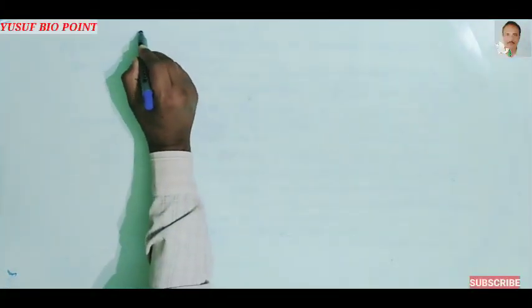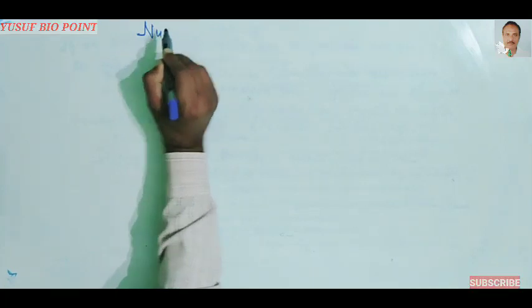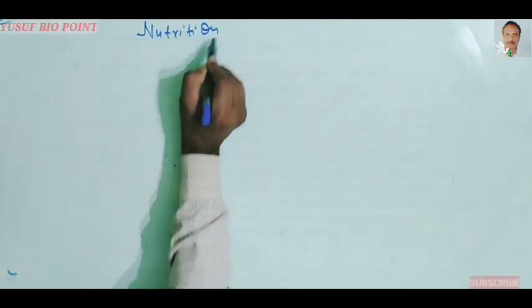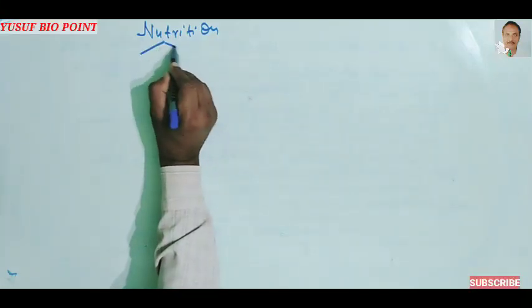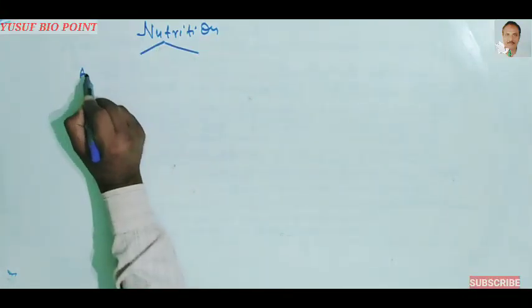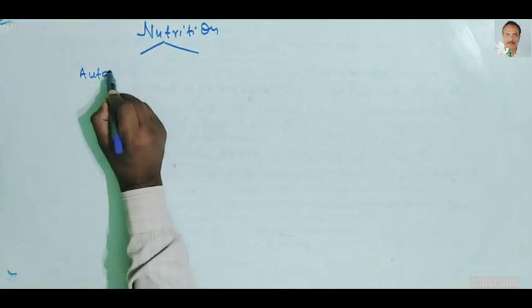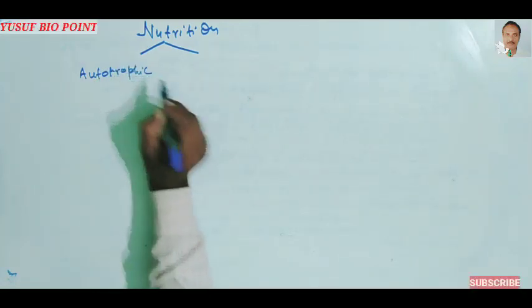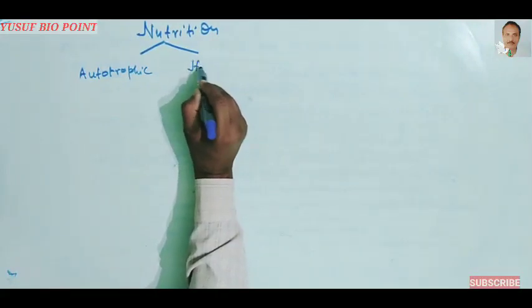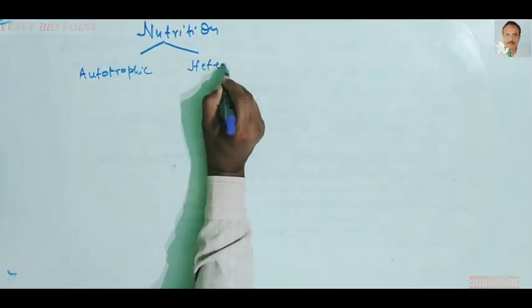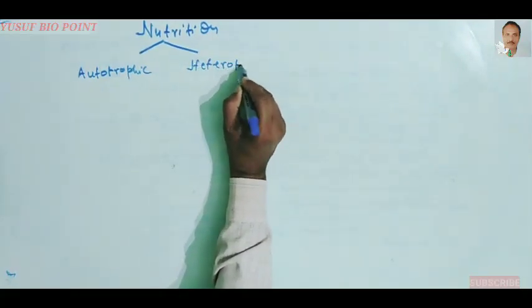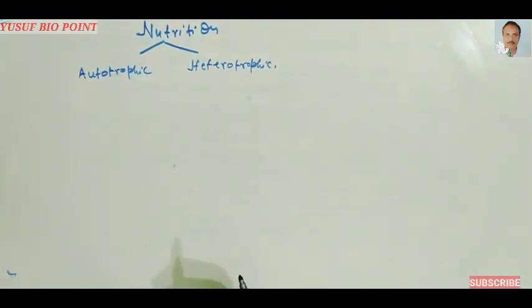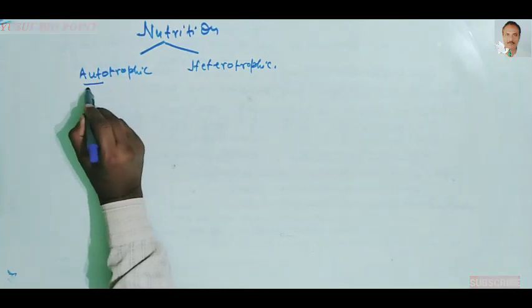Now nutrition is of two types. One is autotrophic, the next one is heterotrophic. Auto means self.